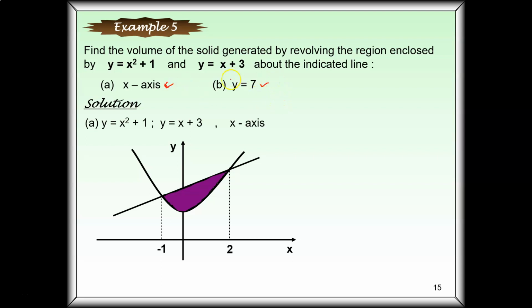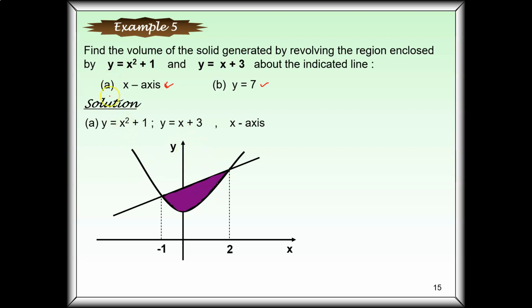So, this one is new. Sebab tadi kita cuma check bila dia revolve around x-axis atau revolve around y-axis. But this one, you boleh revolve juga around a line, a straight line, which is y equal to 7.